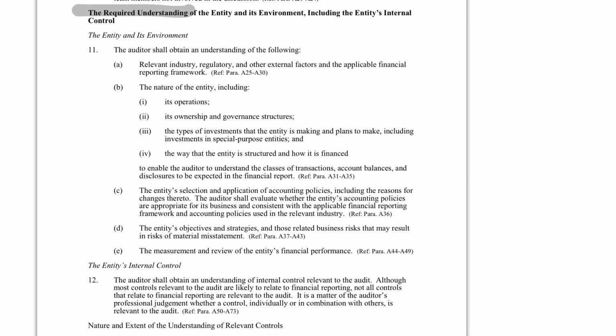Now, remember, the auditor has to use their professional judgment to determine whether they have a sufficient understanding of the client. That means that there is no specific number of pieces of evidence or specific pieces of information that are going to constitute this sufficient understanding.